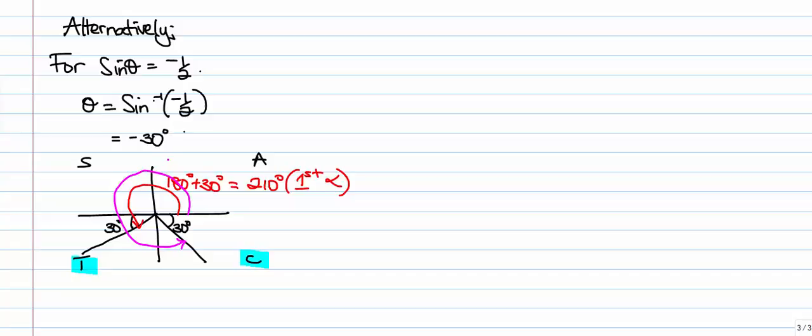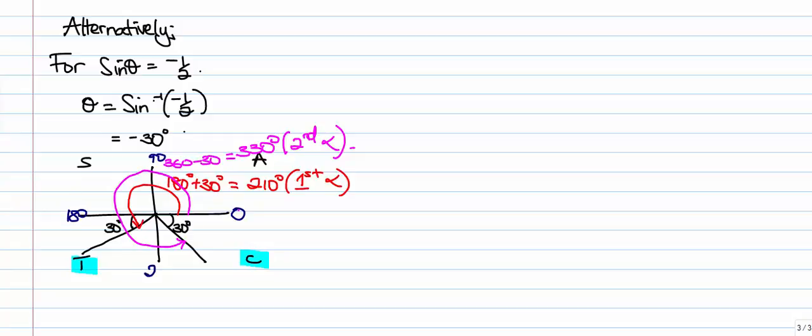However, there is an easier way. If we simply say 360, the whole of it, minus 30 degrees, which gives us 330 degrees as our second angle. And so, of course, the two angles will be 210 degrees and 330 degrees as in a previous example.